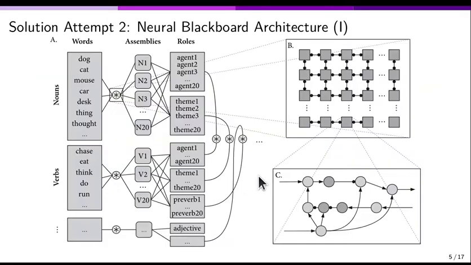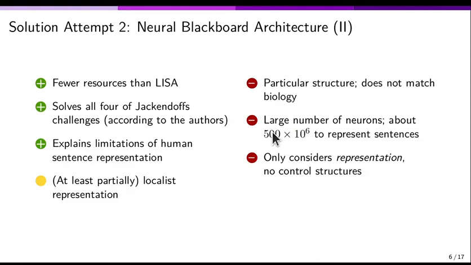It's still got this localist representation nature over here, but at least whatever neurons are doing these sorts of things, at one point in time, these neurons are related to catness. Another point in time, they're related to mouse or desk or some other noun. So that's got some interesting structure there.